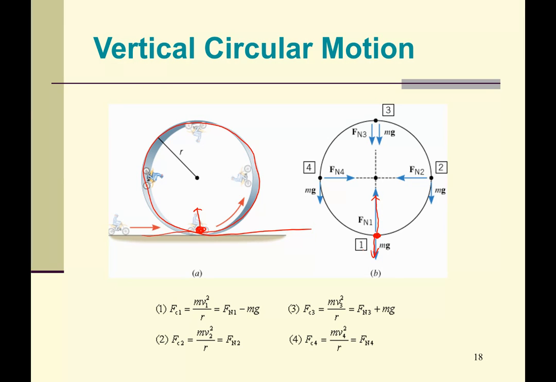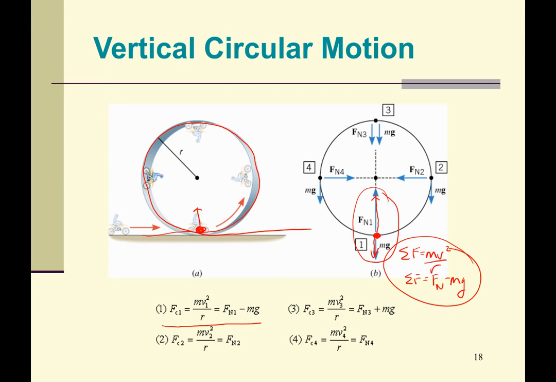And when you sum those together, that's equal to your centripetal force. So your sum of these forces here is equal to your centripetal force, which is mv squared divided by r. But that sum of forces is also equal to our normal force minus mass times gravity there. So you can see that right here in this equation.